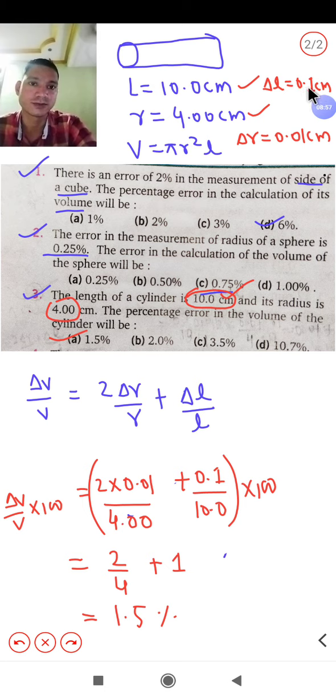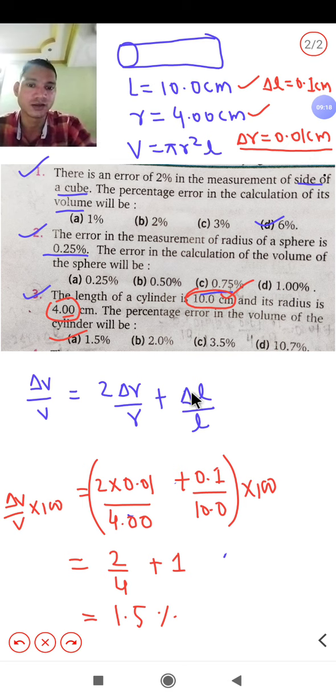Its LC is 0.1, so error will be 0.1 centimeter. Up to 2 decimal places means the vernier caliper was used to measure the radius, and the LC of the vernier caliper is 0.01 centimeter. So error in the radius measurement will be 0.01 centimeter.